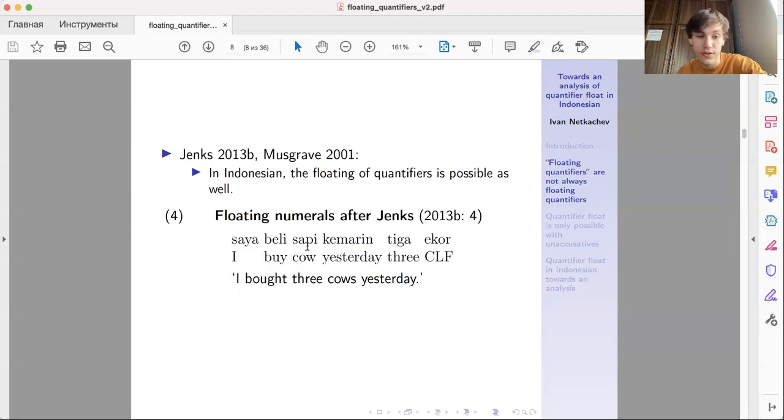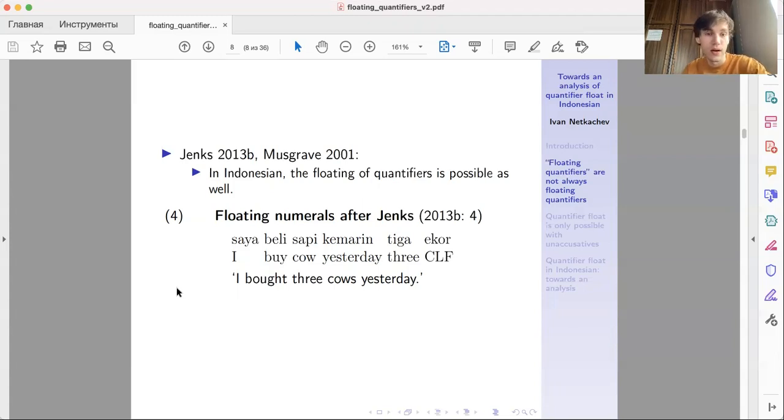For instance, in 4, you can see that the numeral together with the classifier tiga ekor is separated from the nominal sapi, cow, by the adverb yesterday. Peter Jenks claims that this is a perfectly felicitous sentence. So this is a sentence with floating quantifiers in Indonesian.